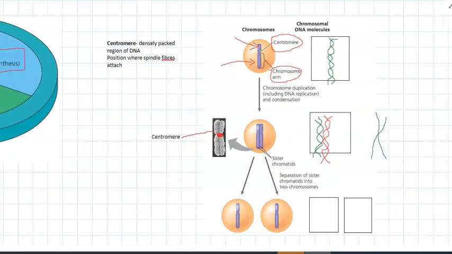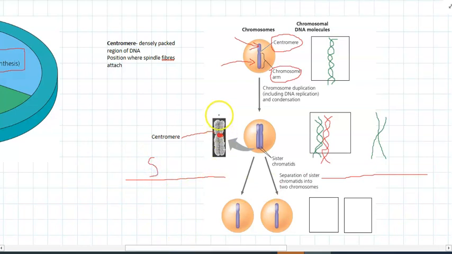Okay, so once we hit that stage, that's the end of the S phase. So then the cell has its replicated chromosomes, and now we call each of these strands of the new chromosome sister chromatids.